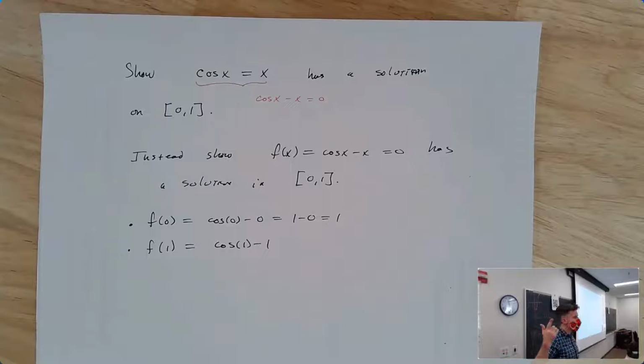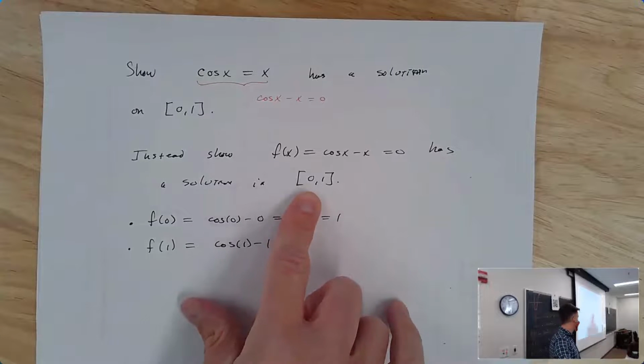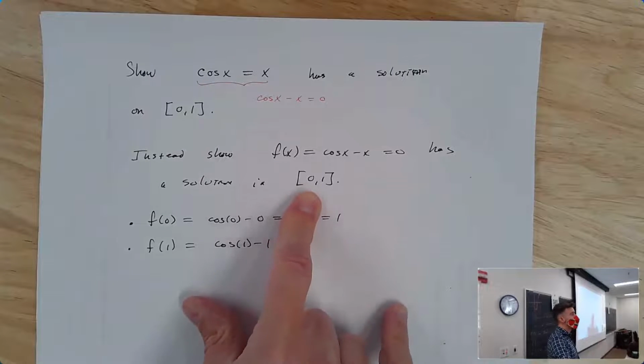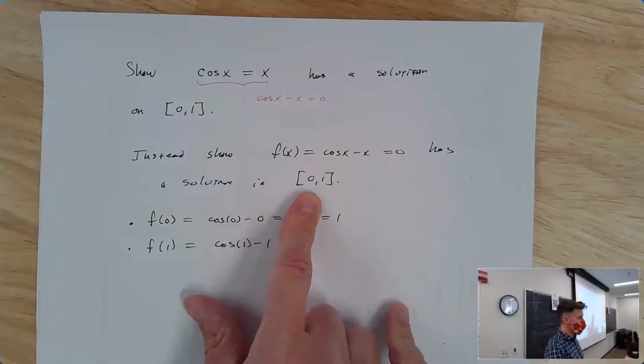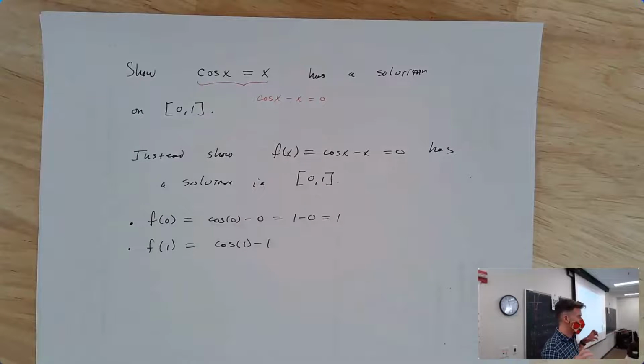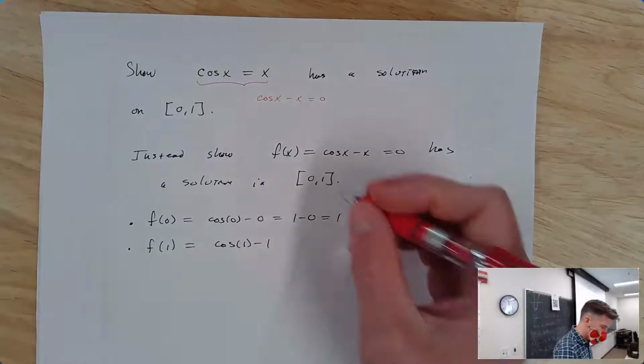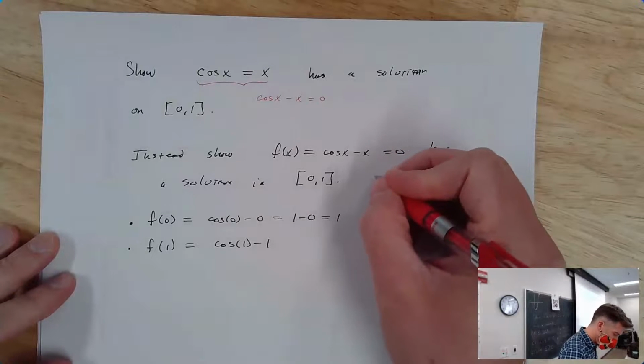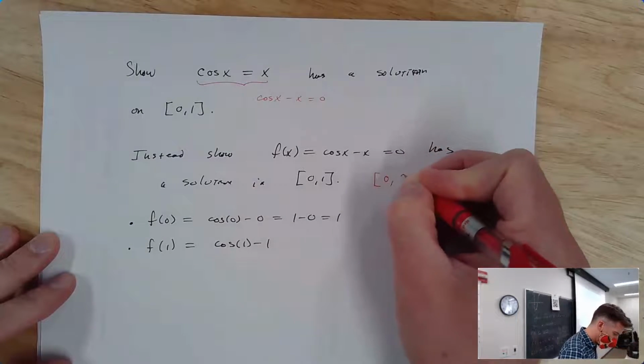But pi over 3 is too big. Pi over 3 is bigger than 1. That's outside of the interval that we're looking at. So I would pick the biggest thing, because I don't want to shrink the interval too much. I think pi over 6 doesn't work for us. I'm going to pick the biggest thing that I still know how to take cosine of. So let's make this smaller. Let's say we're going to go 0 to pi over 4.